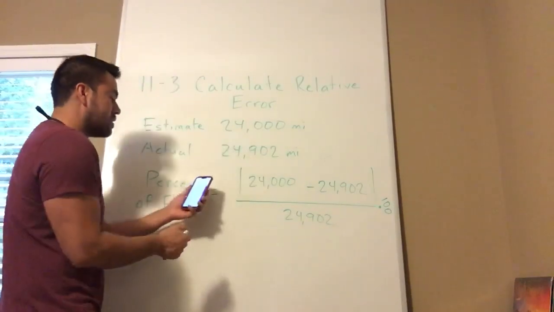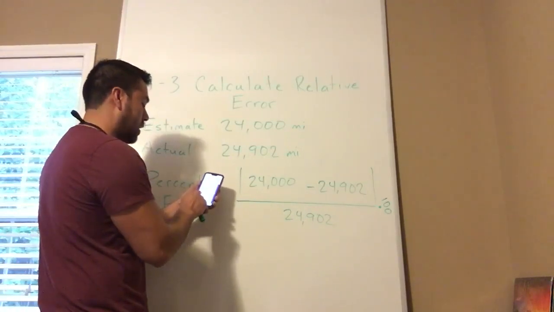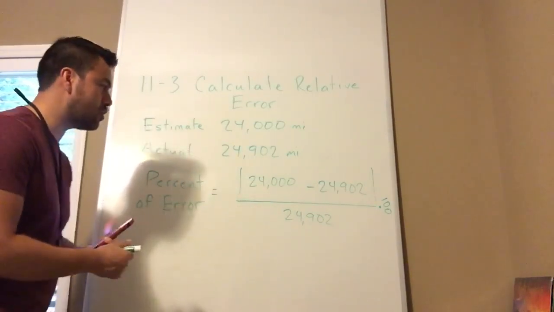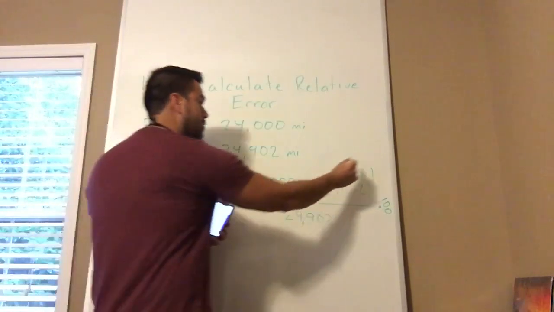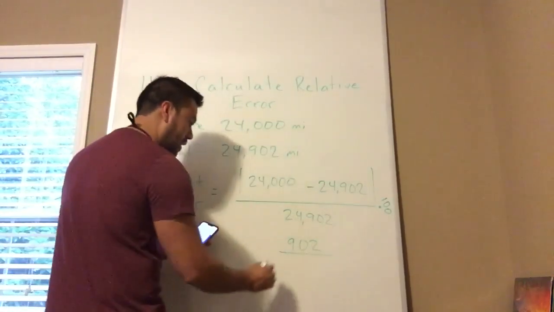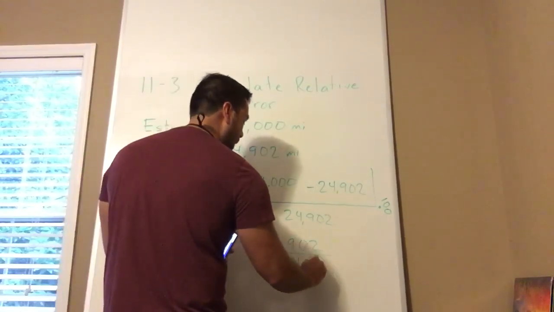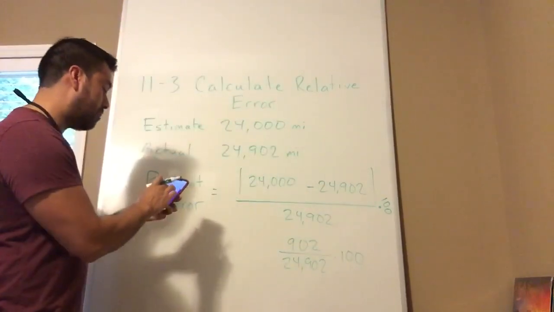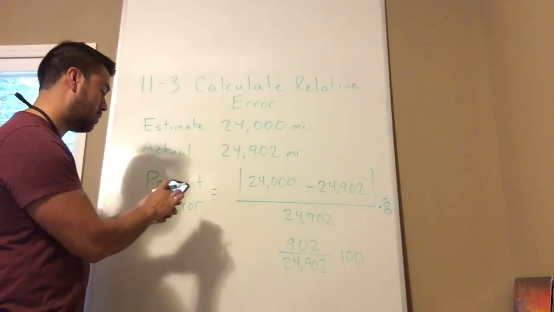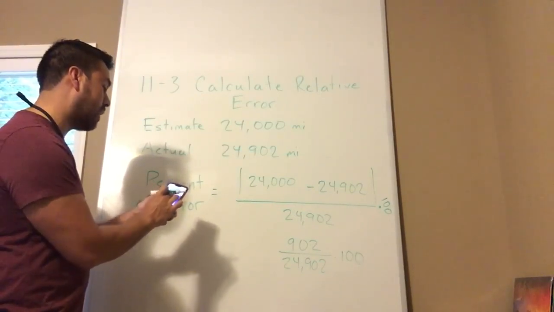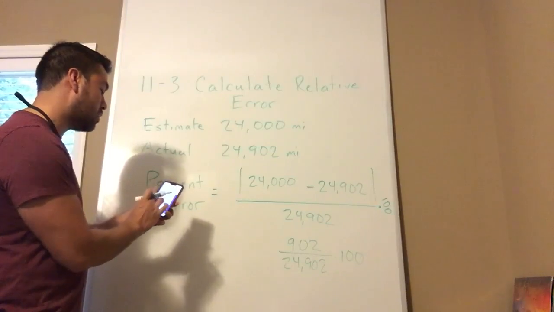So my first step is to do 24,000 minus 24,902. And when you work that out, you get negative 902. But remember, we're talking about the absolute value. So you end up with positive 902, and that's going to be divided by 24,902. And then don't forget, you're going to multiply that. So I'm going to do positive 902 divided by 24,902.